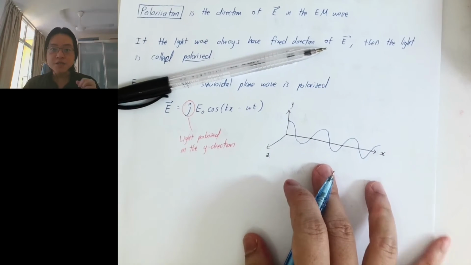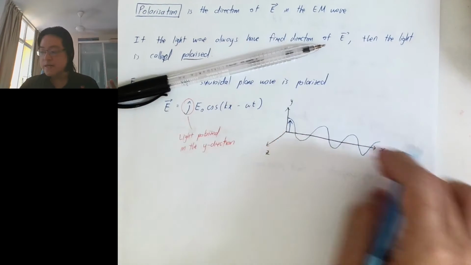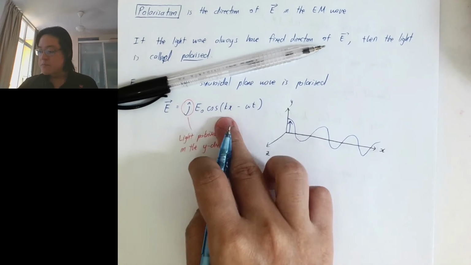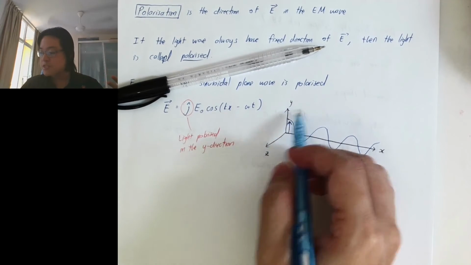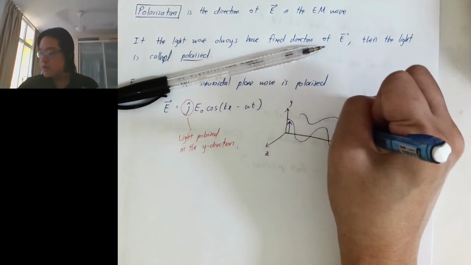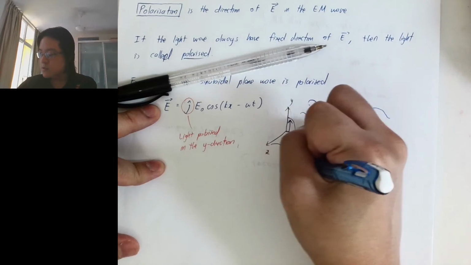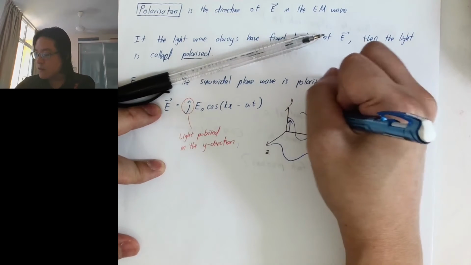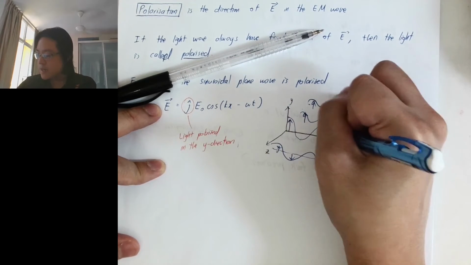And my light is moving like this. Usually when I draw it this way, this is actually just one light ray, and of course this is a plane wave. That means for every other position of y and z, there are going to be many copies of it. So all of them are in the y direction, up and down, up and down.